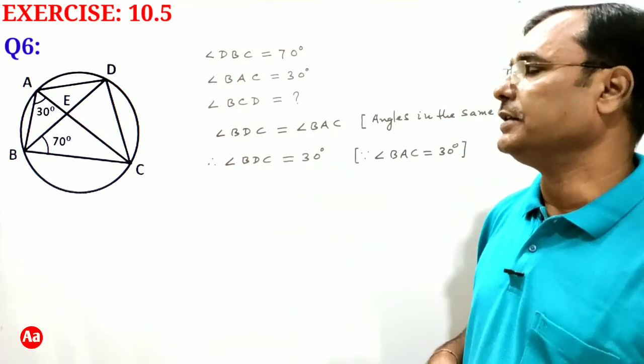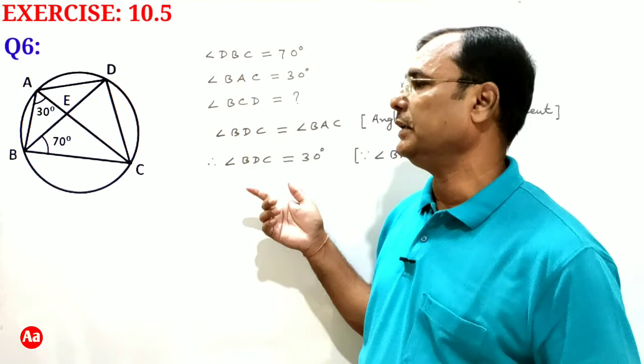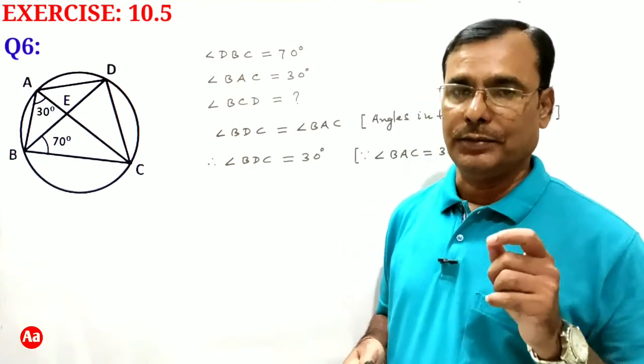So in triangle BCD, if we apply the angle sum property, we can find out angle BCD.